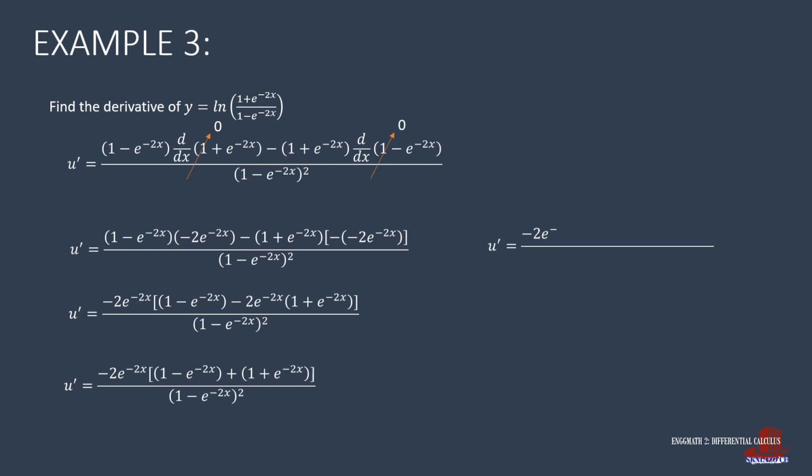We can simplify the terms left in the bracket by cancelling out negative and positive e raised to negative 2x. So we are left with twice of negative 2 times e raised to negative 2x all over the square of the quantity 1 minus e raised to negative 2x. This can be simplified further as negative 4 times e raised to negative 2x all over the square of 1 minus e raised to negative 2x.